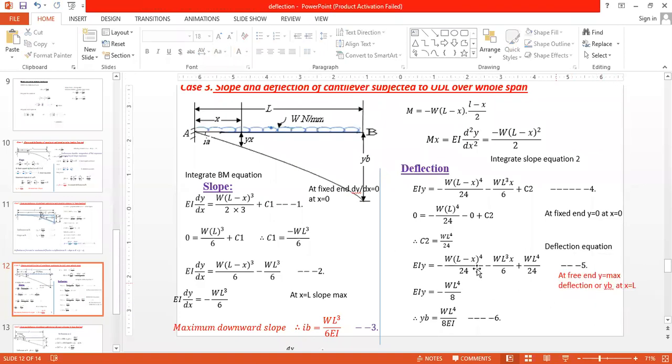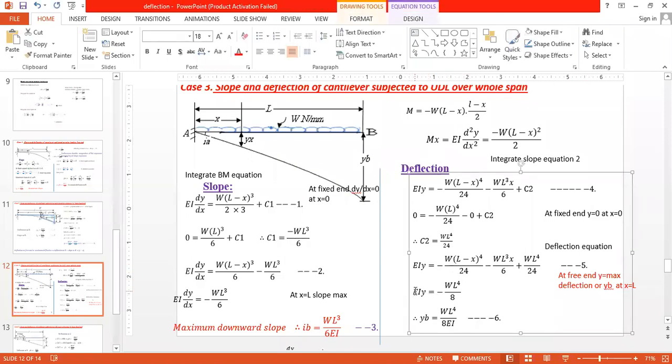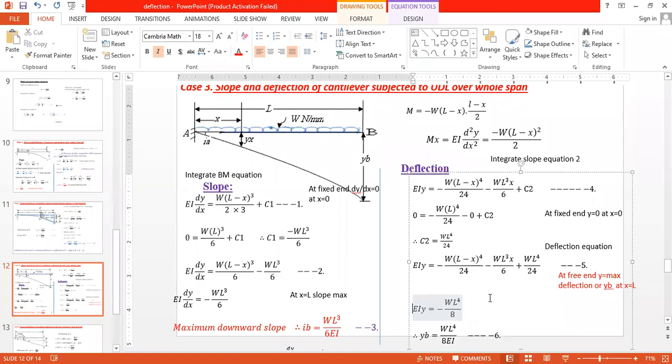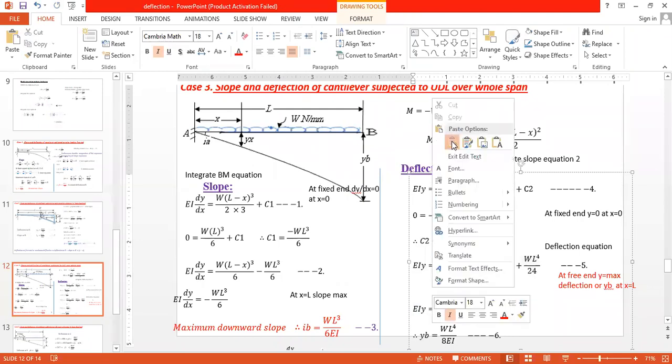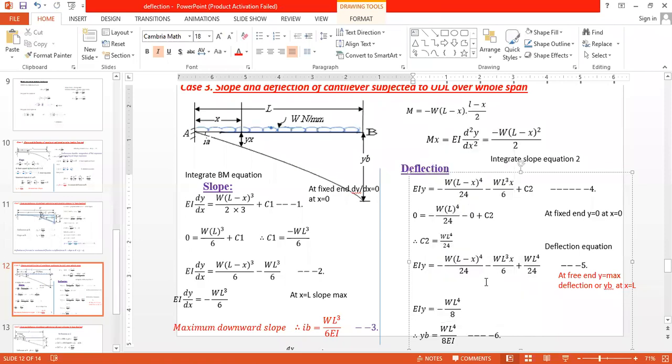Therefore, for getting maximum deflection, you put x is equal to L in your deflection equation. Now when we put x is equal to L in this equation, here EIy becomes EI yB, we can say.